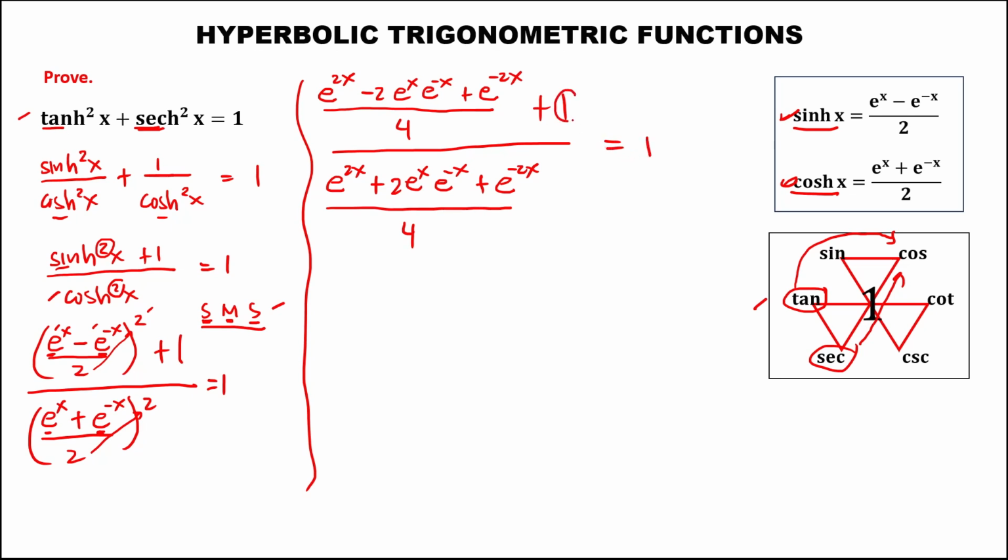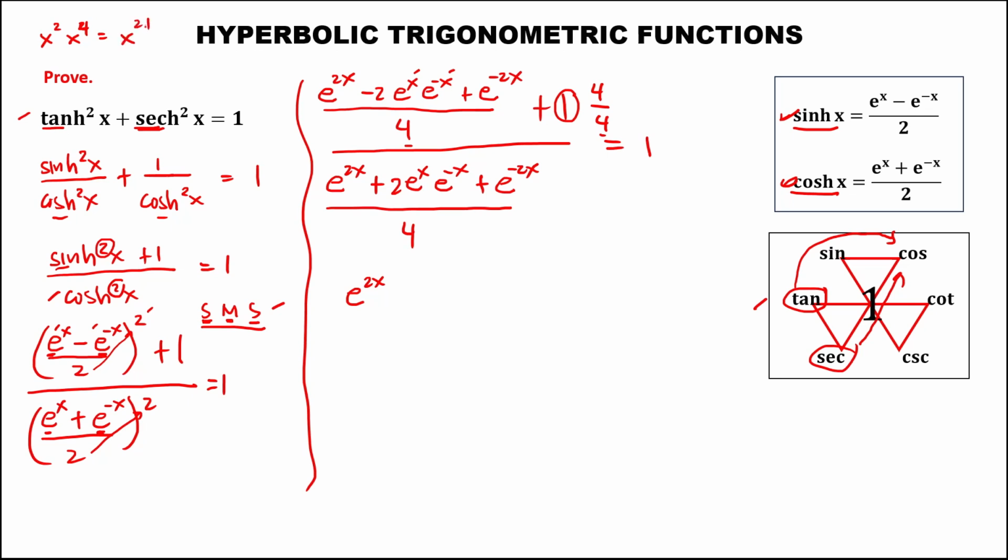Since this 1 is the same as 4 over 4, to make these denominators equal, therefore this is equal to e to the power 2x, then x minus x. Take note that when multiplying the same base, we need to add the exponents.